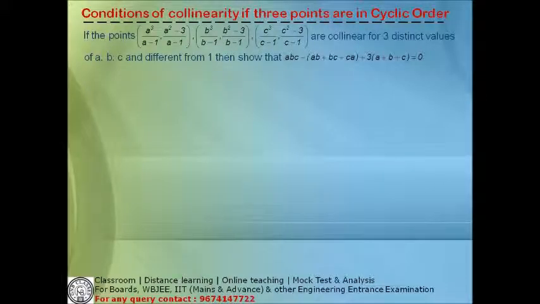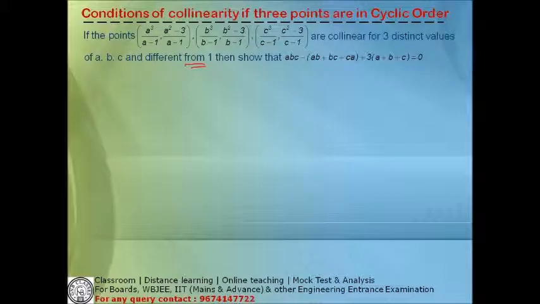If the 3 points given to us are collinear for three distinct values of a, b, c and different from 1. Why have they said that it is different from 1? Because if any of these a, b, c is equal to 1, then the coordinate becomes undefined, isn't it? So then we have to prove that abc minus (ab plus bc plus ca) plus 3 times (a plus b plus c) is equal to 0.